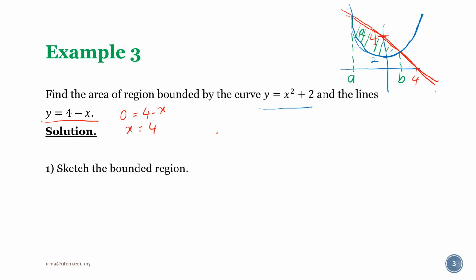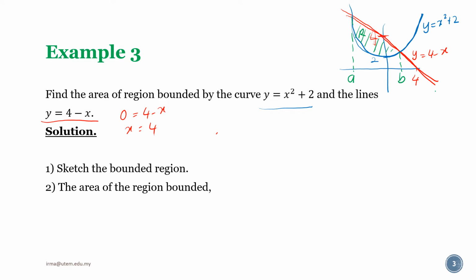If you look at the graph, a and b are the intersection points between the curve and the line. We have the line y equal to 4 minus x and the curve y equal to x squared plus 2.